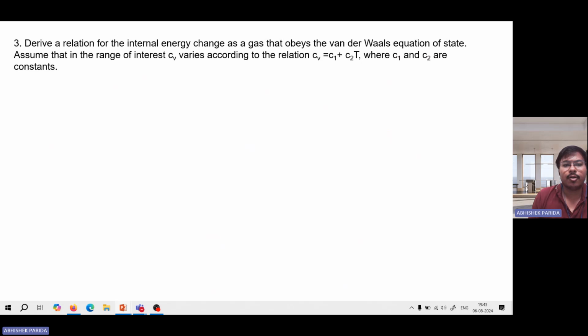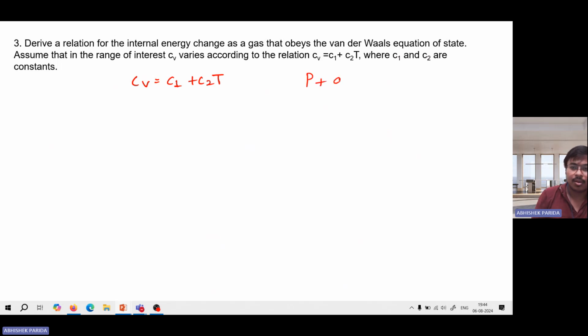Now derive a relation for the internal energy change of a gas that obeys van der Waals equation of state. Assume that in the range of interest, CV varies according to CV is equal to C1 plus C2 T. I think this type of question's example was already solved during the lecture, so I am giving you one more chance to solve it. What is van der Waals equation of state?